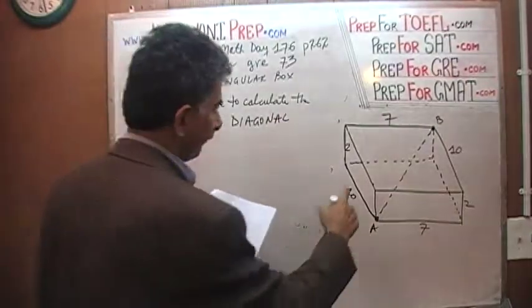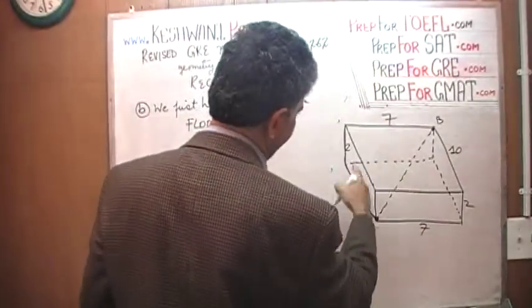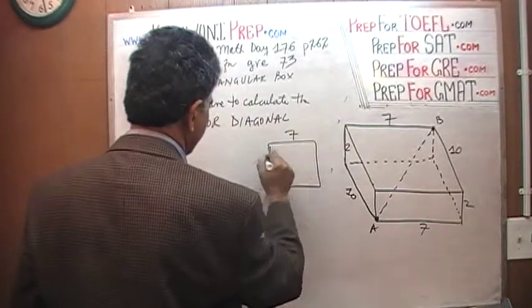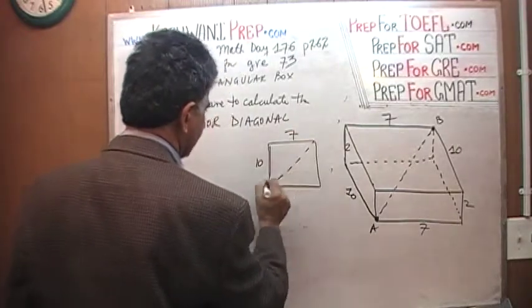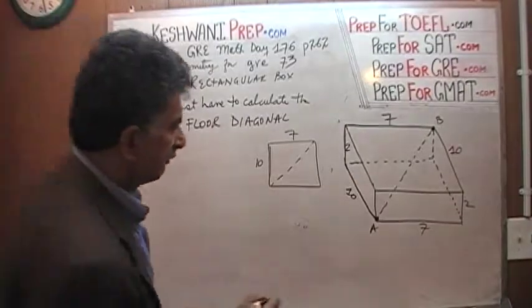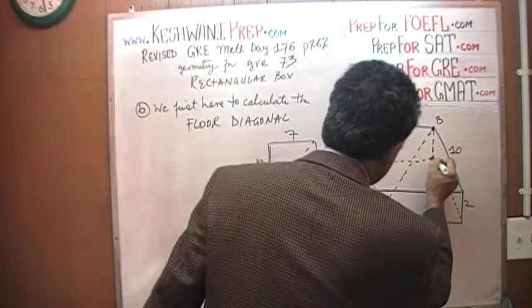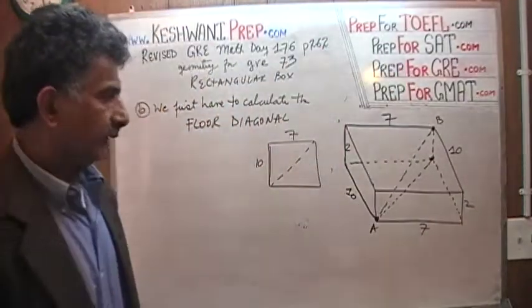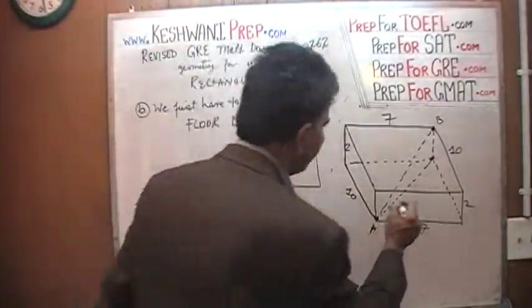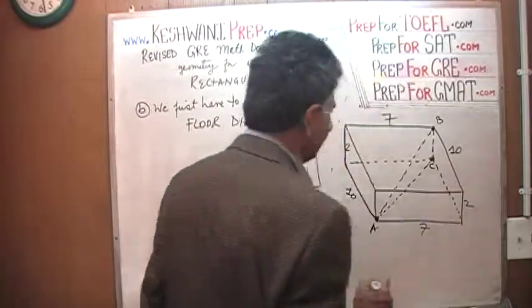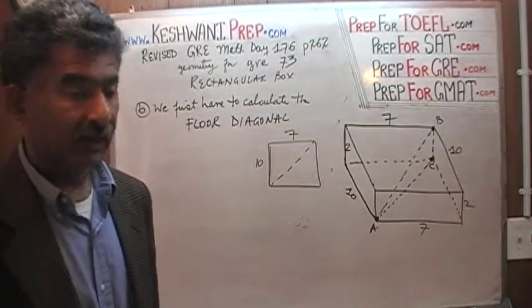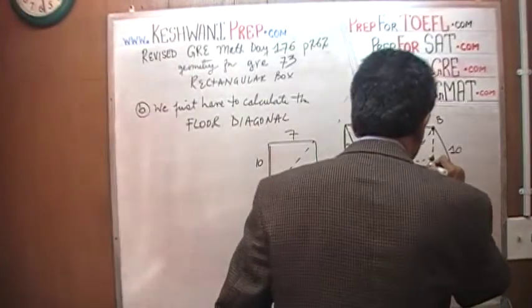The floor is 10 by 7. The floor looks like this. This is 7 and this is 10. The floor diagonal is this guy right here, from here to here. Let's call this point C. Now, are you able to see that the triangle ABC is in fact a right triangle? This makes a right angle.